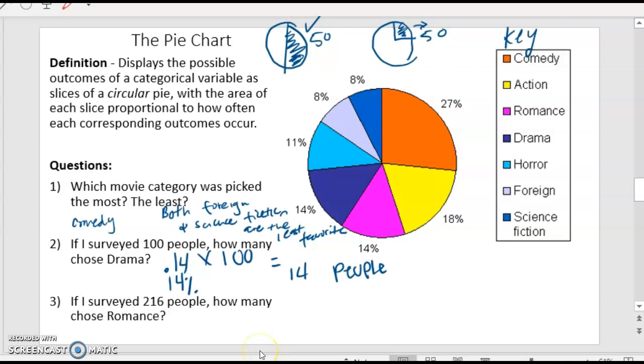But what if I said you surveyed 216 people? How many chose romance? Again, romance is 0.14 or 14%, and you're going to multiply that by 216. But you don't multiply percents, you multiply decimals. So 0.14 times 216 is going to be, I believe, 30 people.